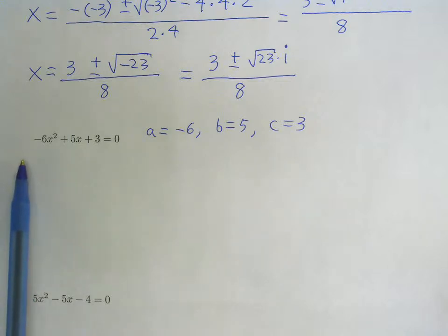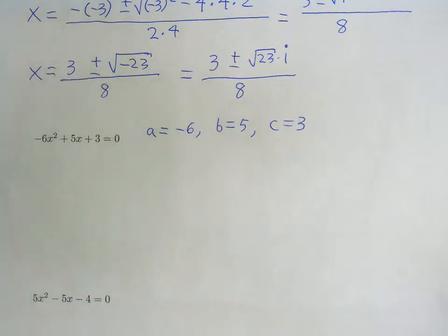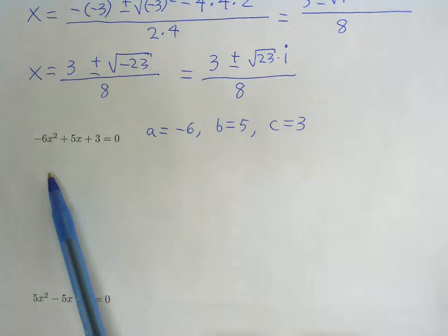You can multiply every term on both sides of this equation by negative 1 so that the coefficient of x squared is positive instead of negative. The solutions to the two equations will still be the same, but the arithmetic will be easier, in my opinion, if the coefficient of the x squared term is positive instead of negative.